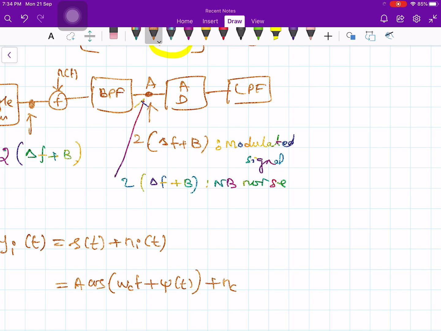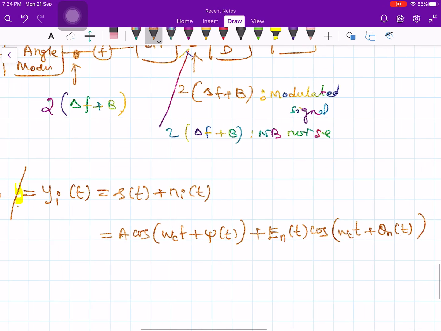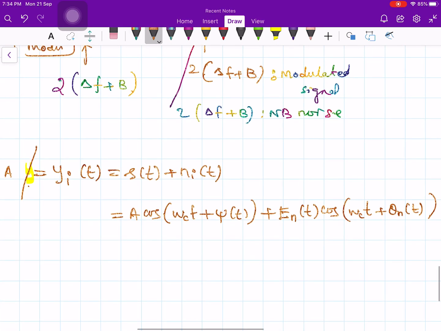Nc of t cos omega c t plus Ns of t sin, or else let me write down its envelope representation. So En of t cosine of omega c t plus theta n of t. Now look at this equation. This is my signal part and this is noise part.